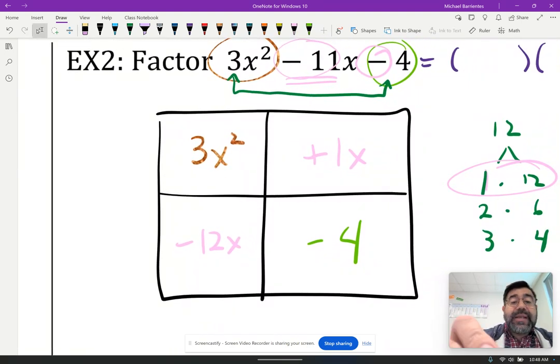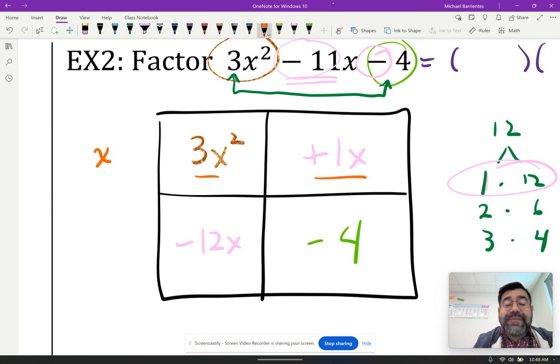Great, now we're going to play our game. What do these two terms have in common? What can I divide both of them by? I can divide both of them by x because both of them have a factor of x. Great. Now, x times what would give me 3x squared? Well, x times x would give me x squared, but this has a 3, so I need a 3.